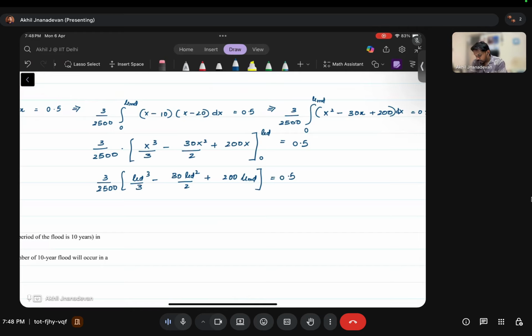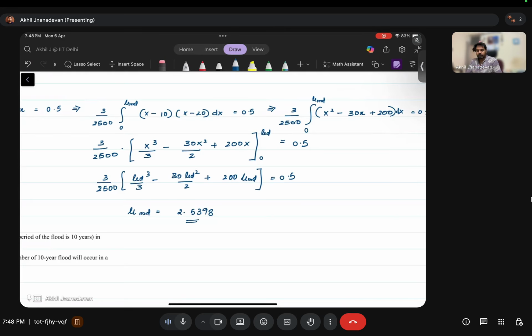So when you solve this, basically this is a polynomial with degree 3. So you can solve this using the calculator. Then we will be getting mu D, that is median, to be 2.5398.